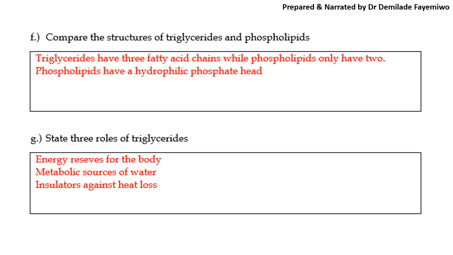They can also be a metabolic source of water, and they insulate against heat loss. So the more fat you have in your body, the less likely you are to get cold in, well, I guess in mild conditions. But that doesn't mean you won't get cold. A lot of people still get cold, but I'm just saying that it does insulate you against heat loss within your body.